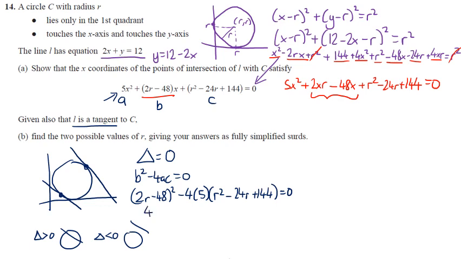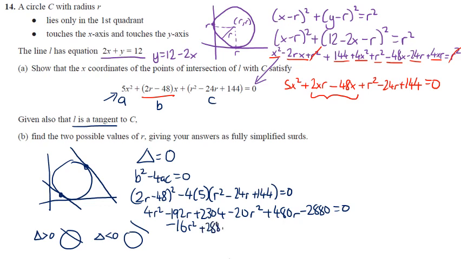So I get 4r squared minus 192r. Okay, so I get all of that. If I simplify that, I get minus 16r squared plus 288r minus 576 equals 0. I can divide everything by minus 16, so I get r squared minus 18r plus 36 equals 0.